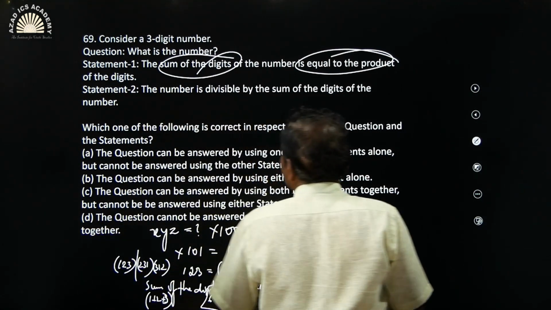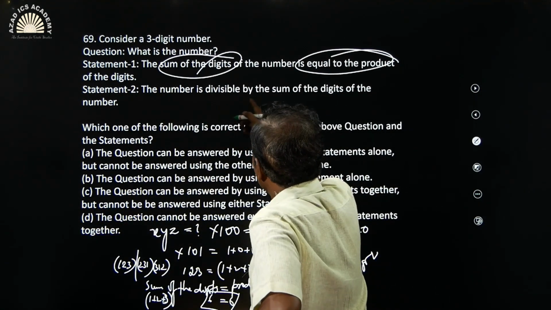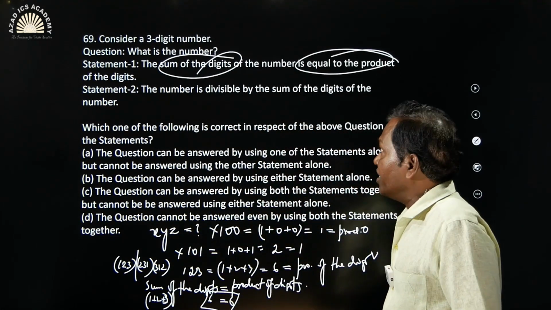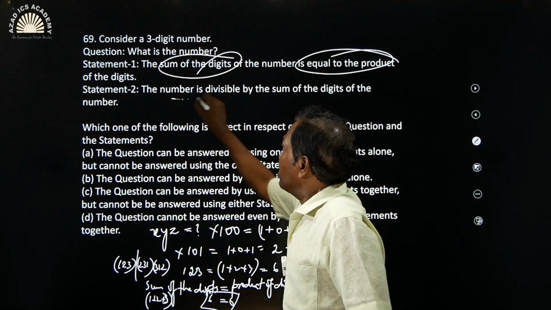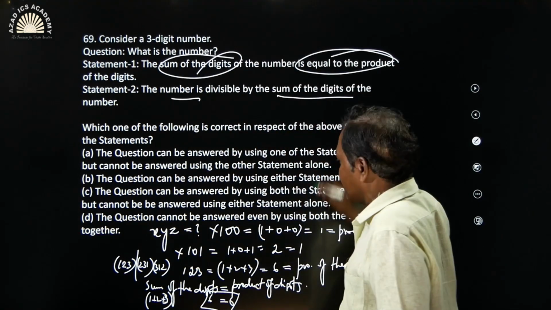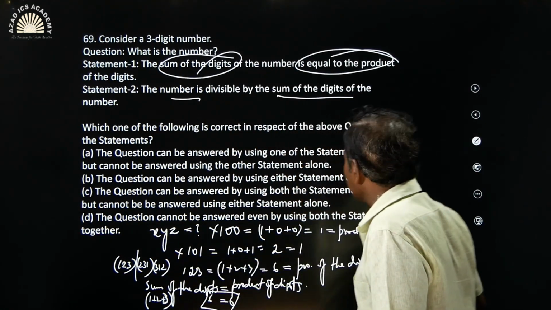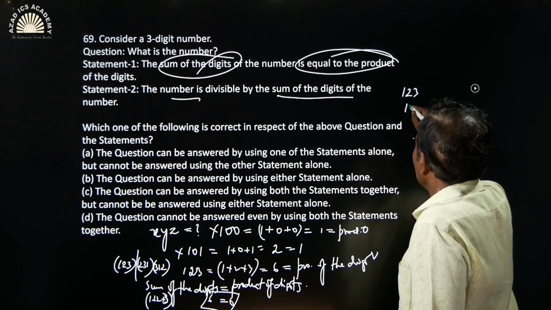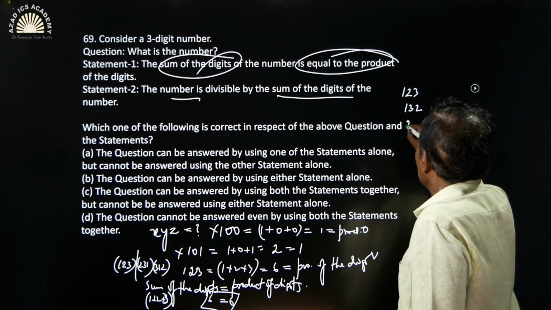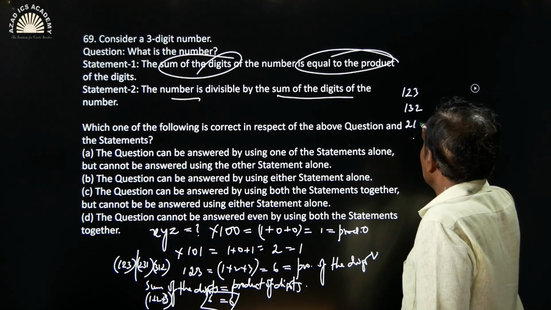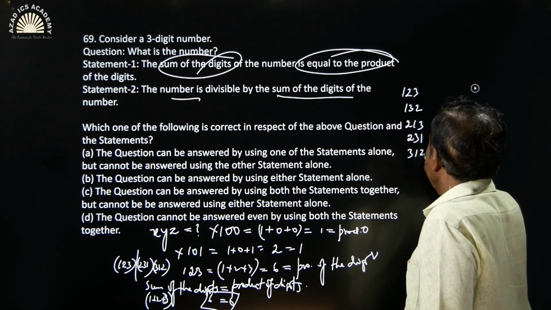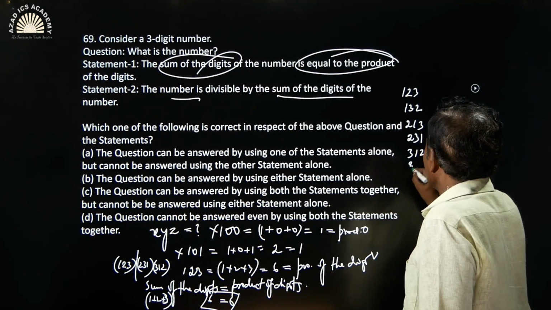Anyone is possible there. Now the statement: the number is divisible by the sum of the digits of the number. What is the number? Let us take 1, 2, 3. Numbers are like 1, 2, 3, 1, 3, 2, 2, 1, 3, 2, 3, 1, 3, 1, 2, 3, 2, 1.